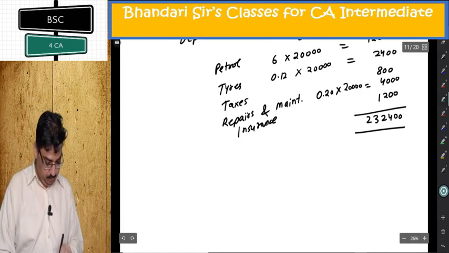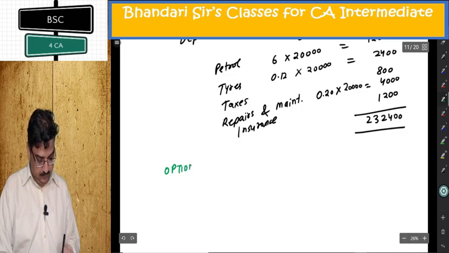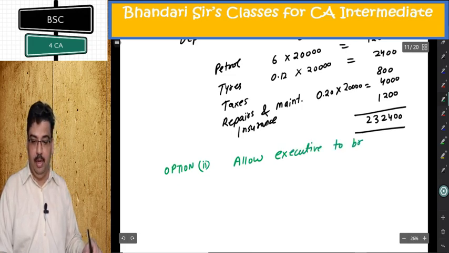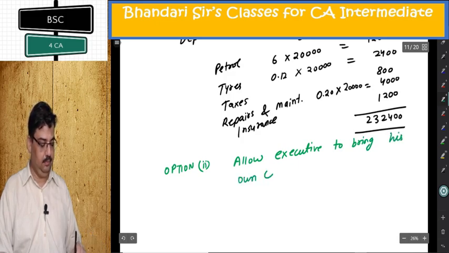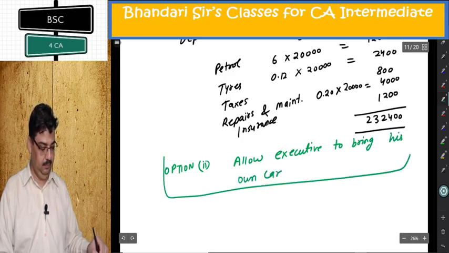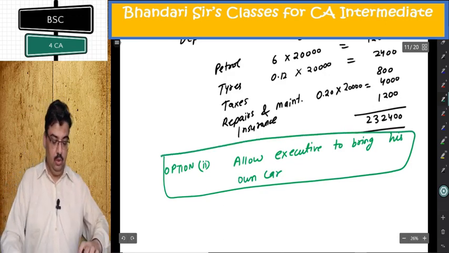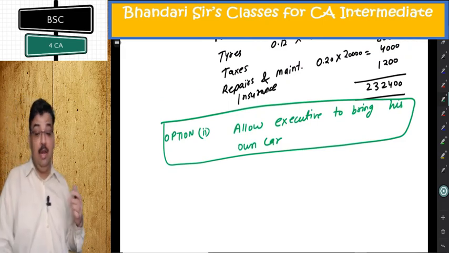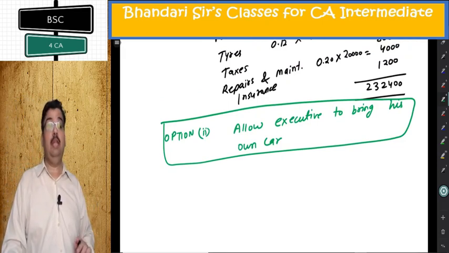Option 2, allow the executive to bring his own car. You will have to reimburse him at 10 per kilometer. You are paying him 10 per kilometer.